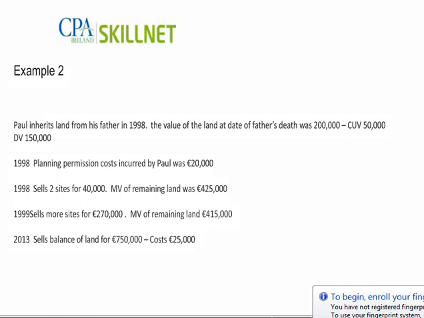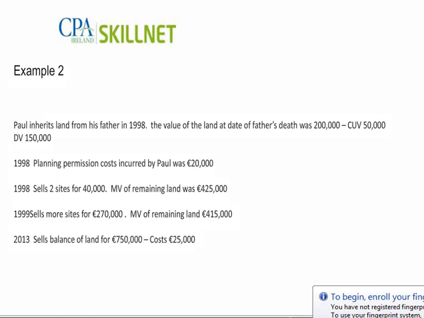Costs of sales. That's the first time I've put the cost of sales in this example, and the cost of sales there is 25,000. Now our main problem is that we have 3 transactions. We have 1998, sale price 40,000, 1999, sale price 270,000, and 2013, sale price 750,000, in this case less 25,000 costs.